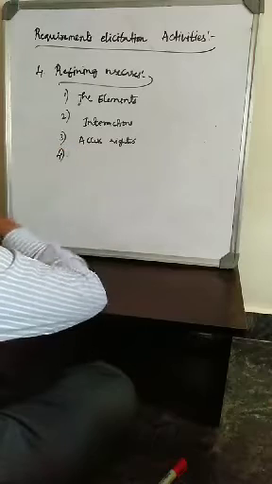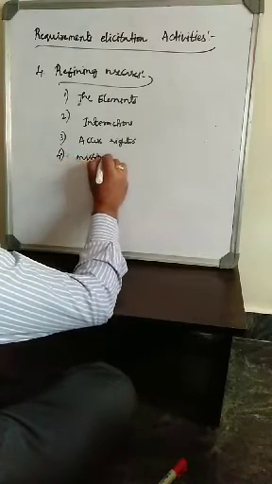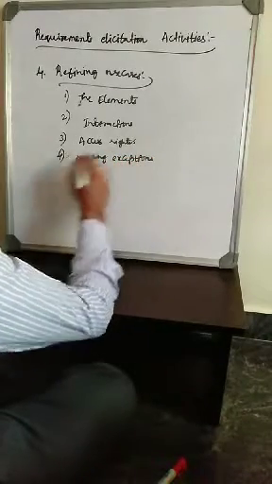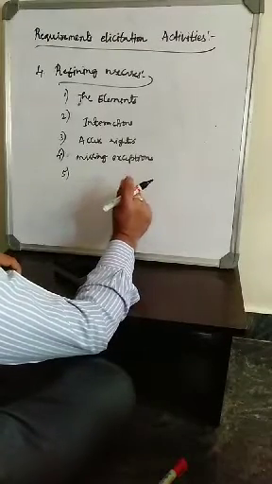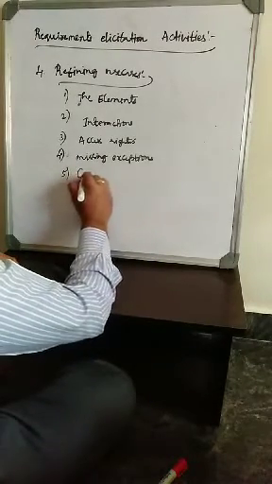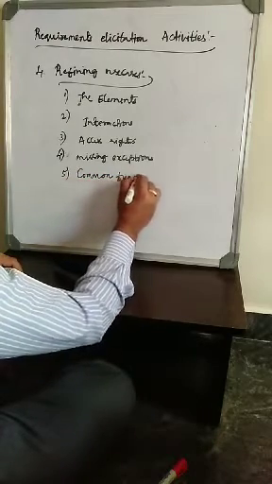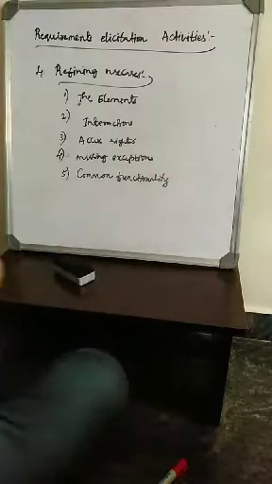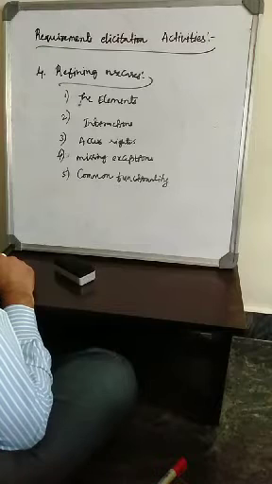The fourth one is missing exceptions, any exceptions that you may find missing. The fifth one is common functionality, where we list out the common functionalities. These are the things we need to observe if there is any refinement to be done to the use cases.